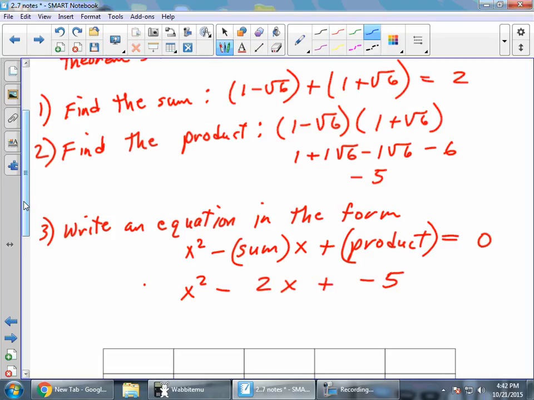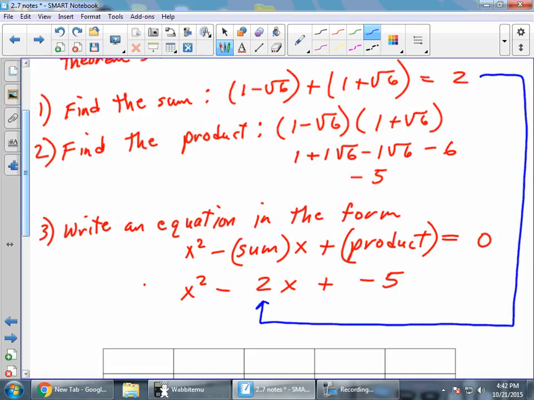Now remember, this 2 right here, we've talked about this before. They add for that b coefficient, and they multiply for that c coefficient. And I should say equals 0. Very nice. So x squared minus 2x plus negative 5.